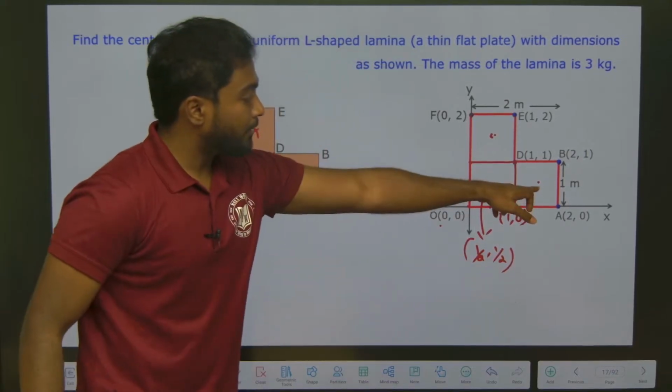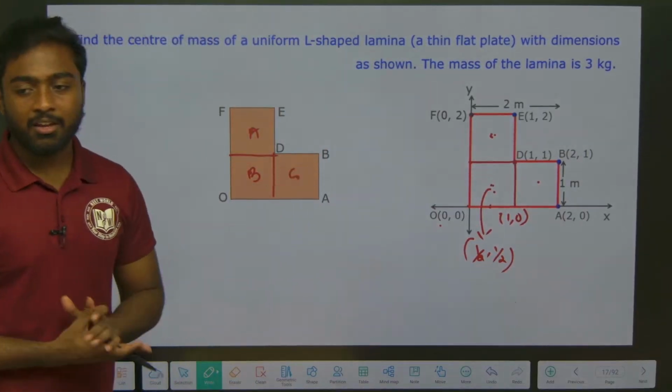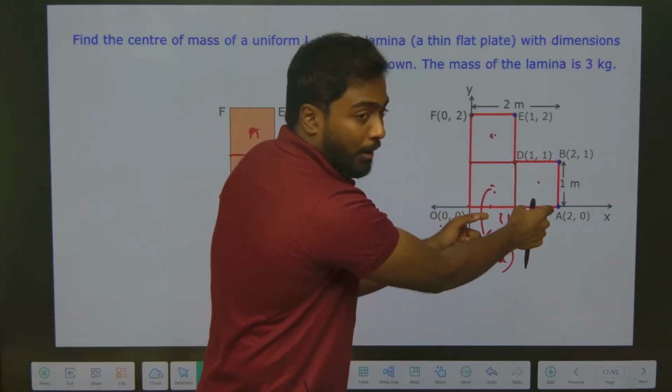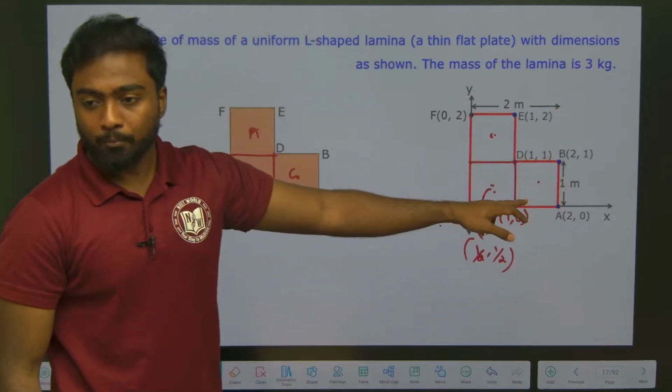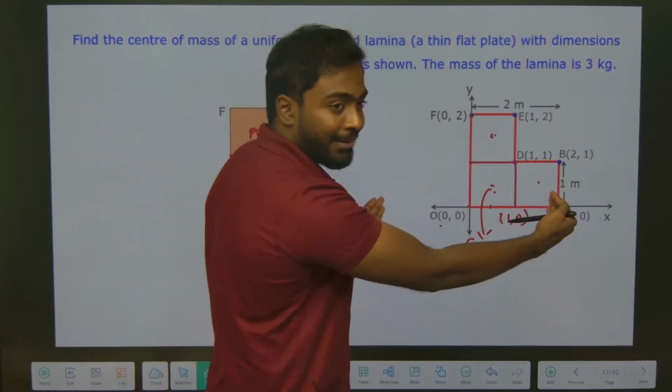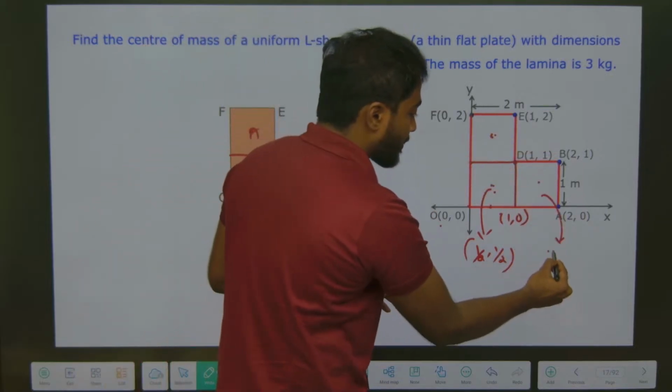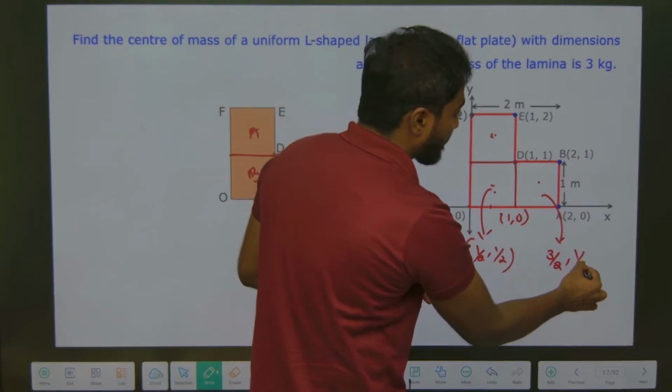What about object C? 1 plus 1 by 2 is 3 by 2 in x, and 1 by 2 in y, so 3 by 2, 1 by 2.